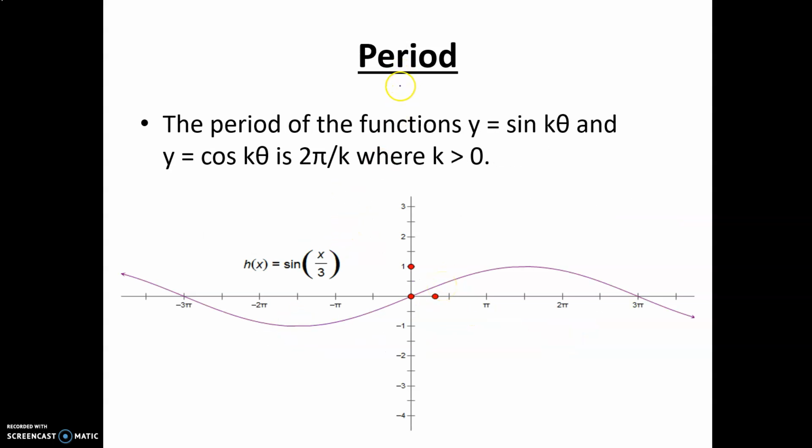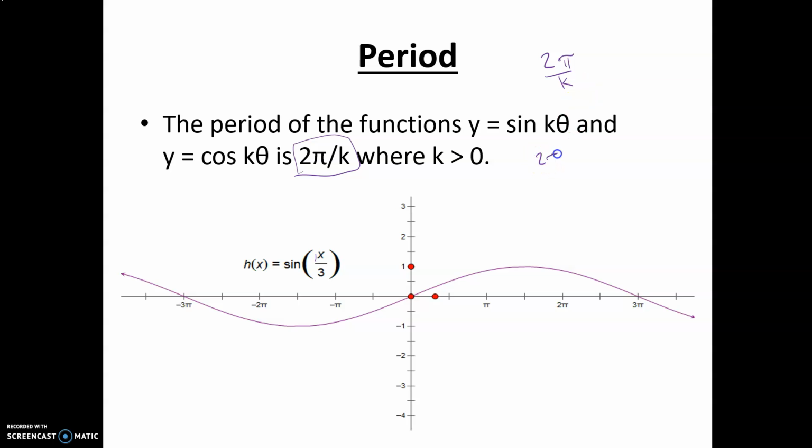Now your period can also change, and this is basically how you figure out your period. So it's normally 2 pi. K is whatever you're taking the sine of, that value in front of theta. So 2 pi over k is what's going to get you your period. So here, notice my k is technically 1/3, right?